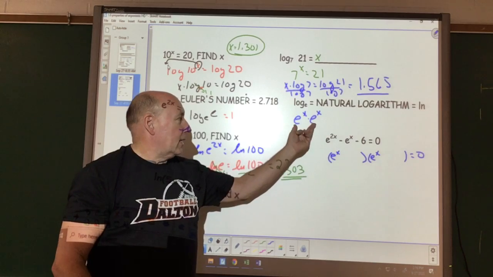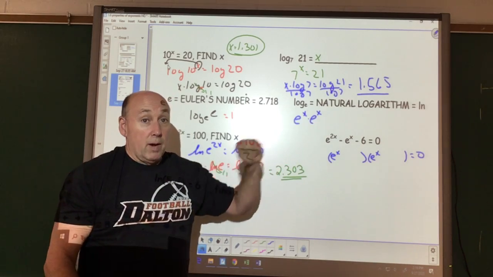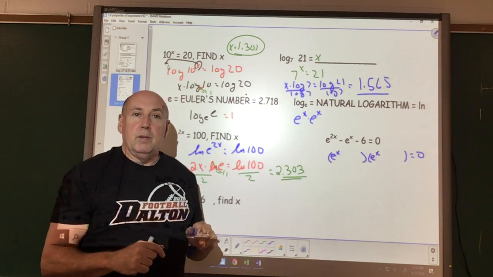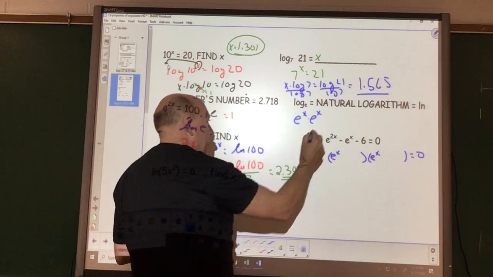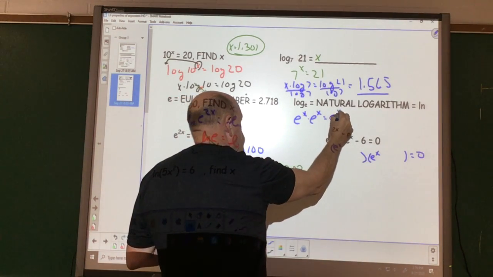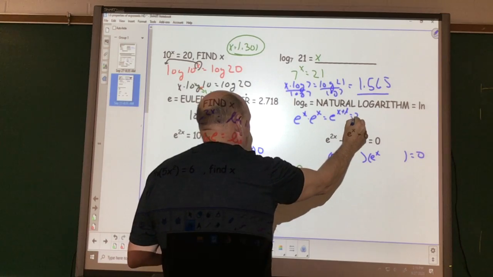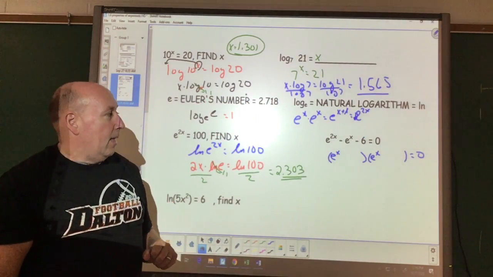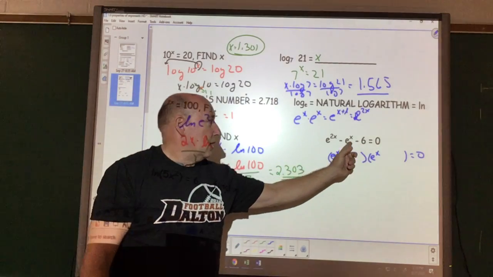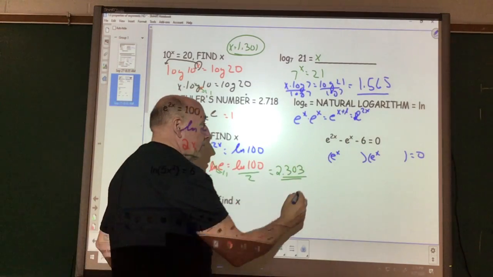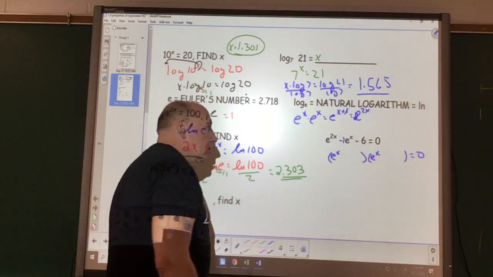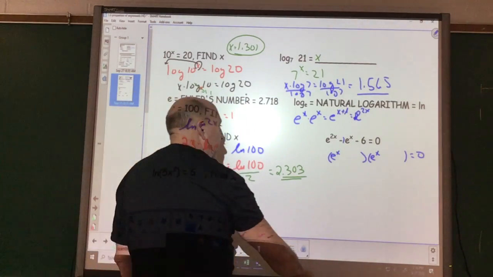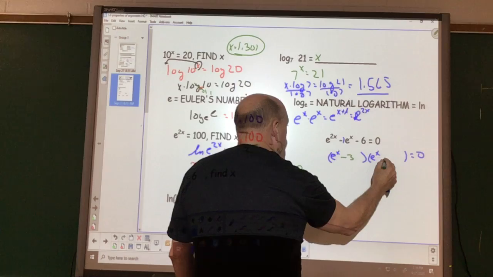I have x and x, I have a like base here. If we have a like base, what do we have to do with the exponents? That's correct. e to the x plus x power, which is e to the 2x power. Combinations of 6 to get in 1 in there would be -3 and +2.